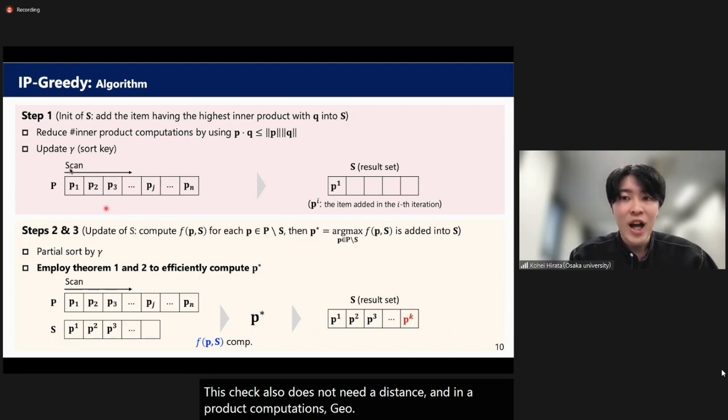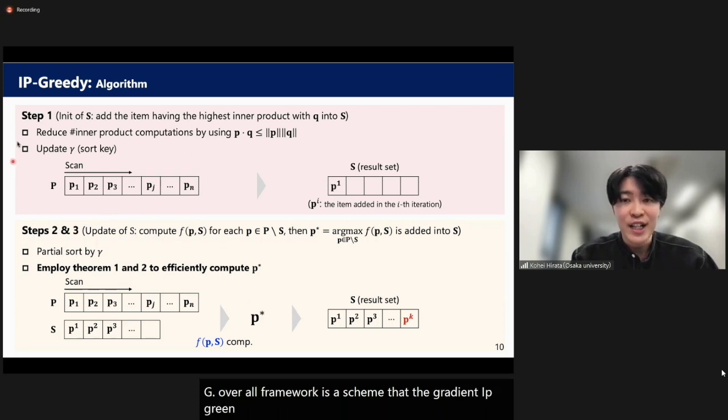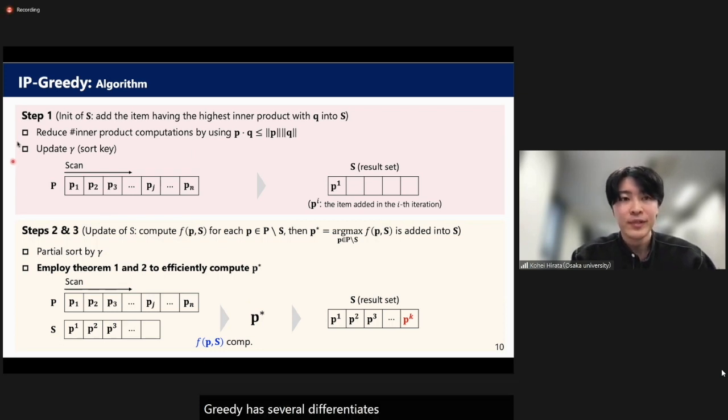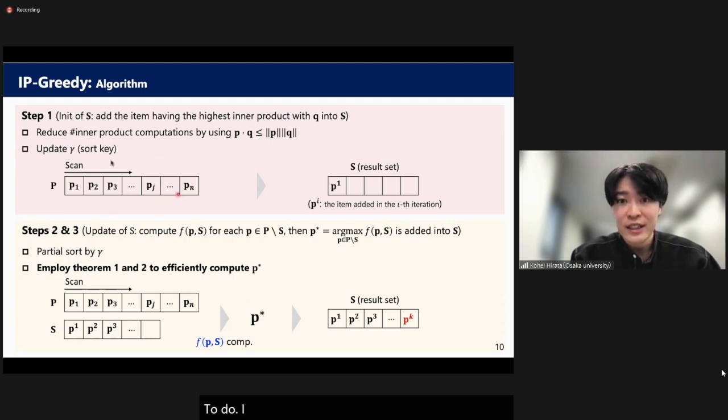The overall framework is similar to greedy. IP-greedy has several differences. In the first step, we use the Cauchy-Schwarz inequality to avoid the full scan and update the sort key.